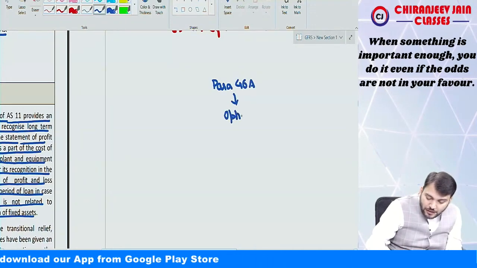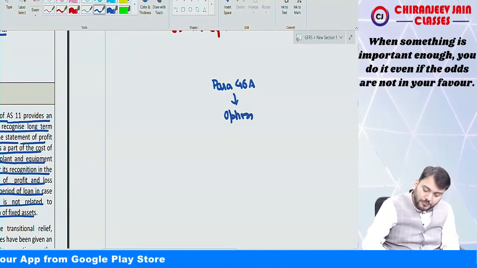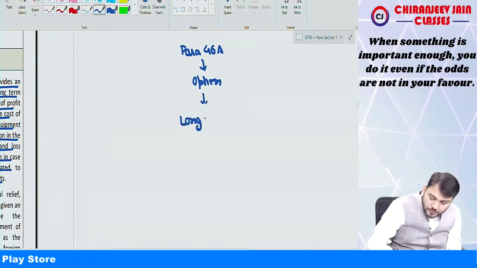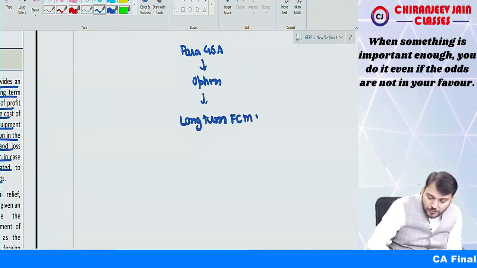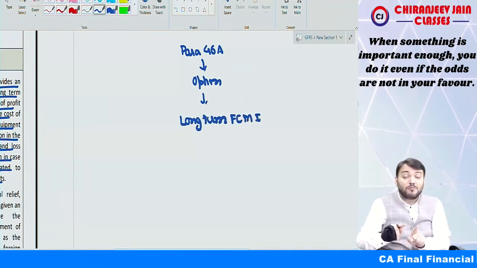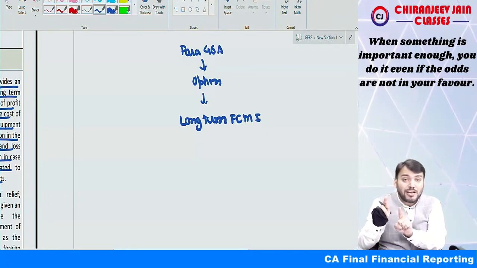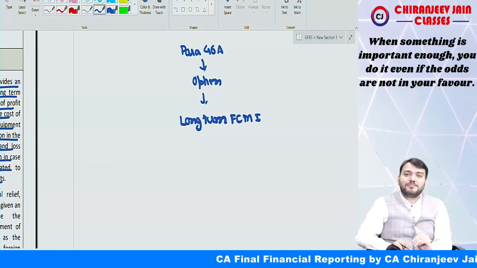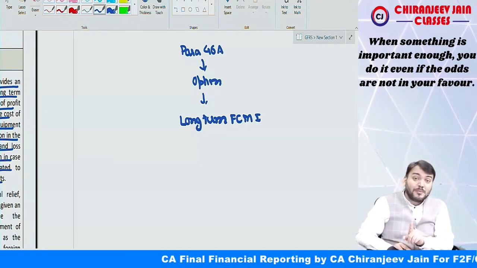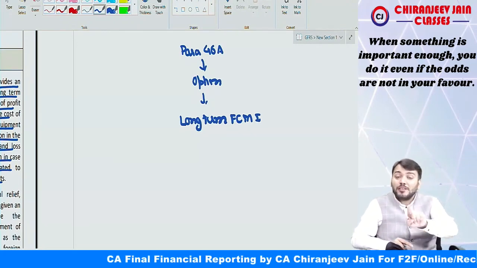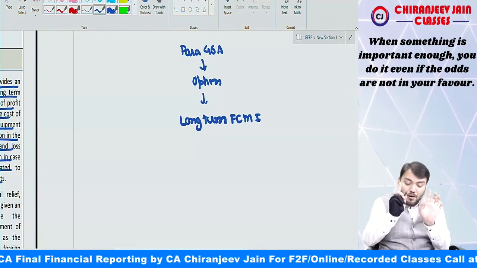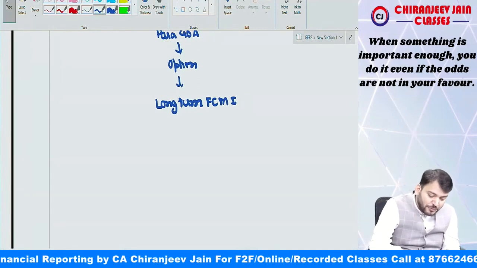They have given an option to the entity. The option was for long-term foreign currency monetary items. This option was not for short-term items. Suppose you have taken a loan for less than 12 months, then it becomes a short-term foreign currency monetary item. For that, the exchange difference will always be transferred to P&L. The option was given only for long-term foreign currency monetary items.